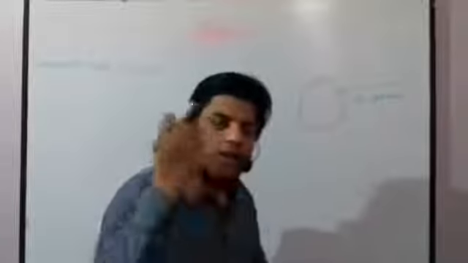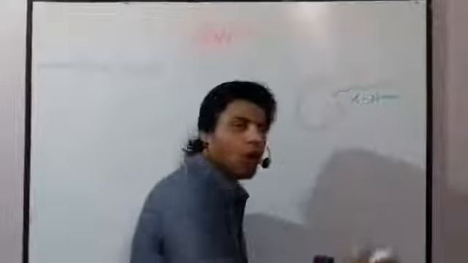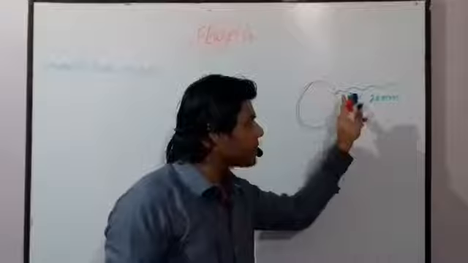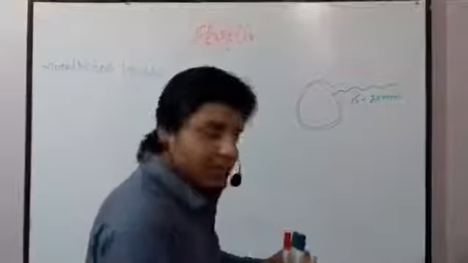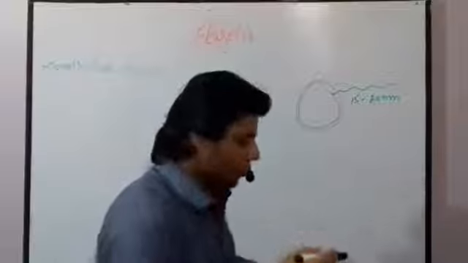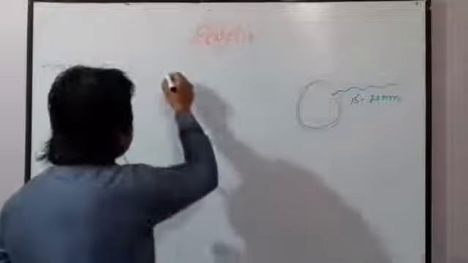Monotrichous means it has one flagellum at one end. Let's suppose this is the bacteria and it has the flagellum on that end. So we call that monotrichous.